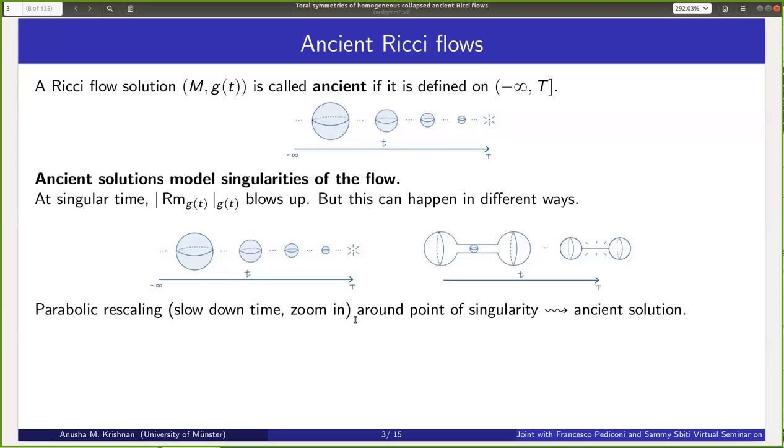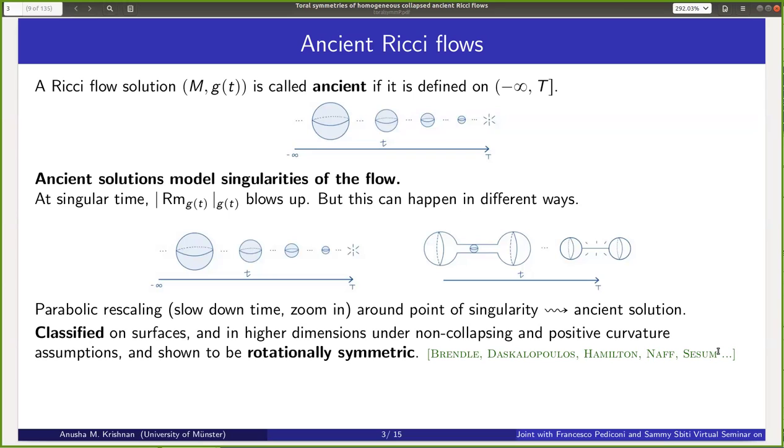Specifically, you're taking a sequence of points going up to the point of singularity and rescaling the metric and reparametrizing in time to get a sequence of Ricci flows that converge in some sense to another Ricci flow, possibly on a different manifold, and it turns out that this Ricci flow solution is an ancient solution. So ancient solutions arise while you are studying singularities of the flow. That's why we're interested in them.